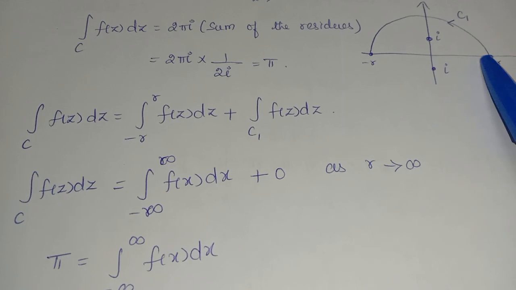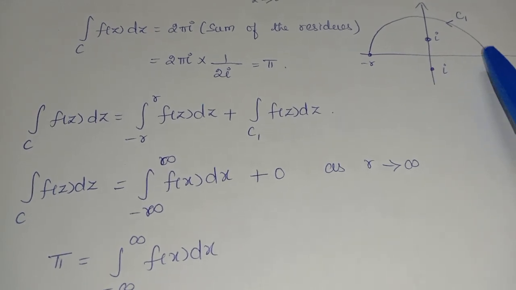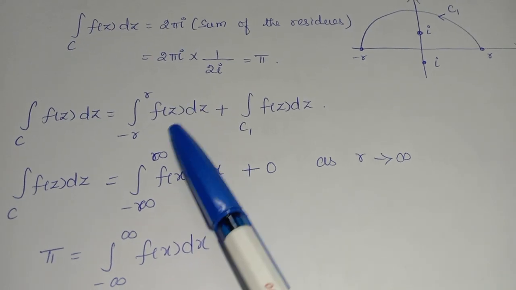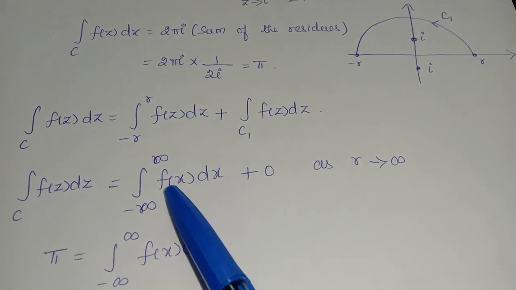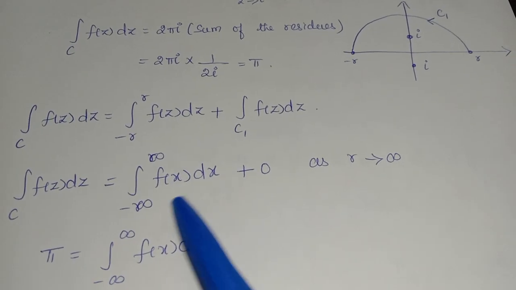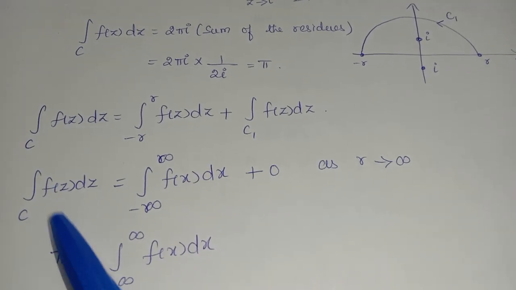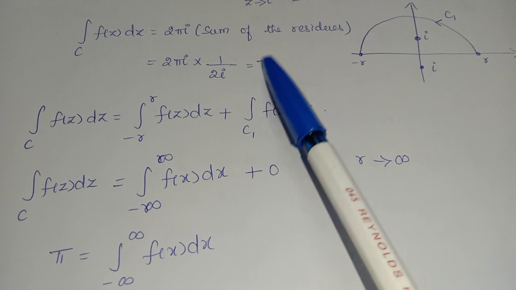On the real line, the value of the imaginary part is 0. That means z is simply x. So instead of writing f of z dz, what can you write? f of x dx. Okay, so this point is important. Now integral over C f of z dz, this we have already evaluated as pi.